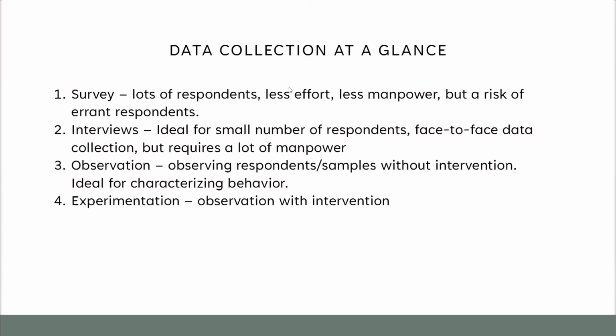So pwedeng tinatamad silang sagutan or hindi nila naiintindihan kung ano yung tanong na nakalagay doon. So what they will do is a shotgun technique. Let's say that your questionnaire includes a grading. They would rate from 1 to 5 depending on the prevalence, or gaano kadalas nila ginagawa ang isang bagay.